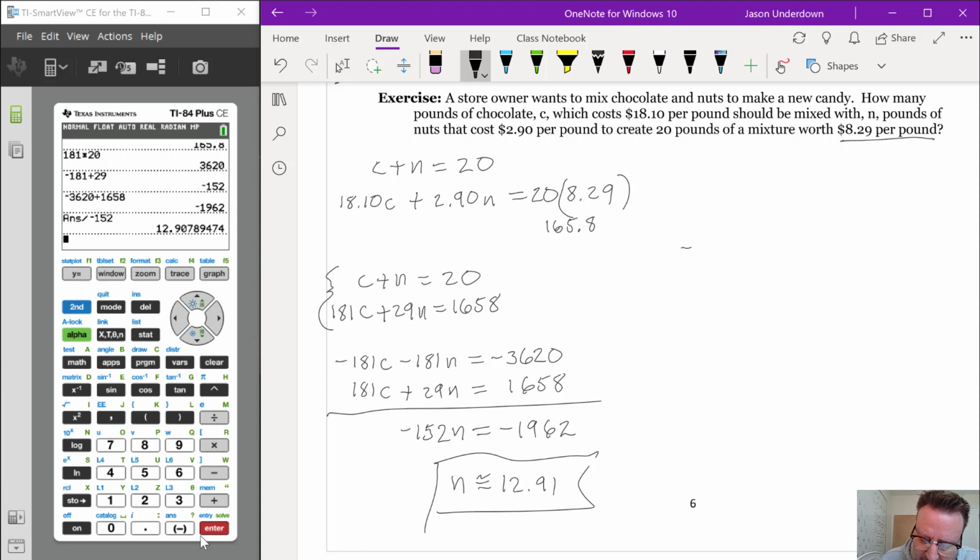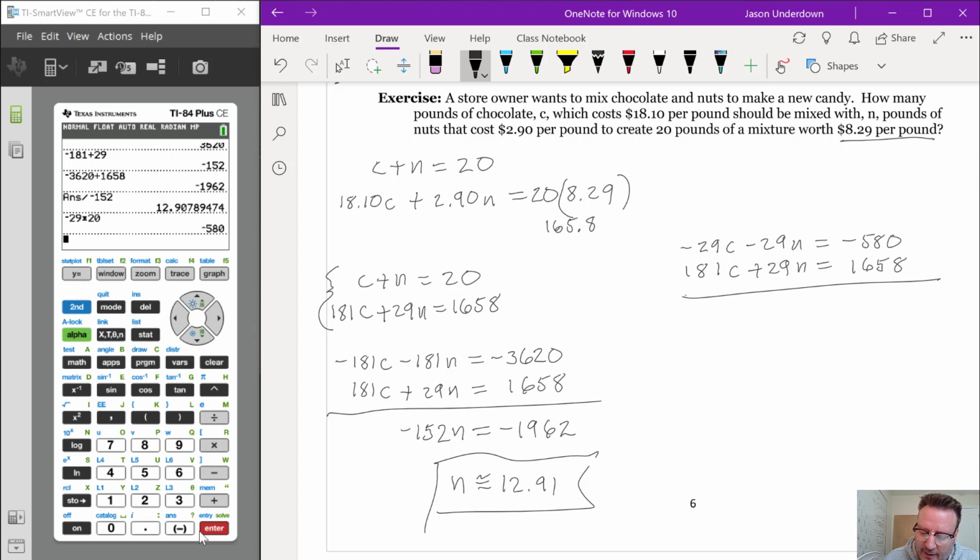I'm going to get negative 29C minus 29N equals, and then, let's see, negative 29 times 20 is negative 580. And then I'm going to add that to the original second equation, which is 181C plus 29N equals 1658.